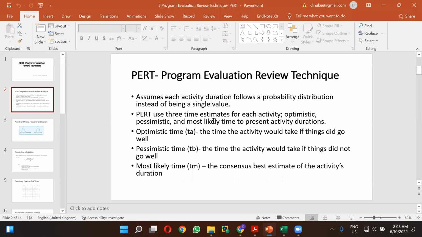Therefore, we cannot predict one single value for an activity time. As there is some probability for something to go wrong, we have 3 times. Instead of one activity time, we have the optimistic time, denoted as TA, the pessimistic time, TB, and the most likely time, TN.